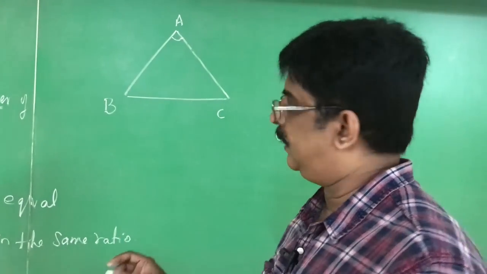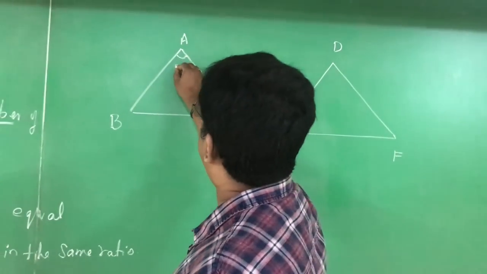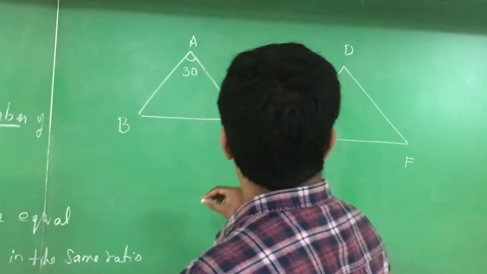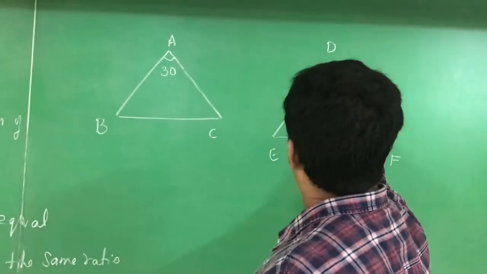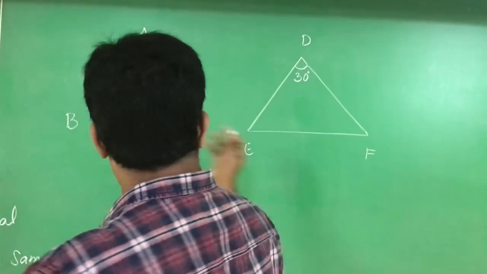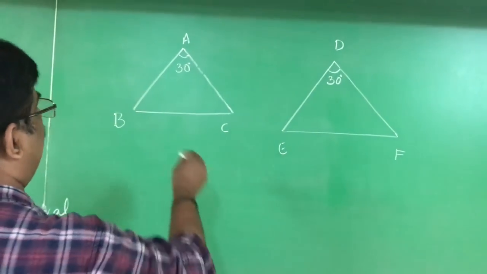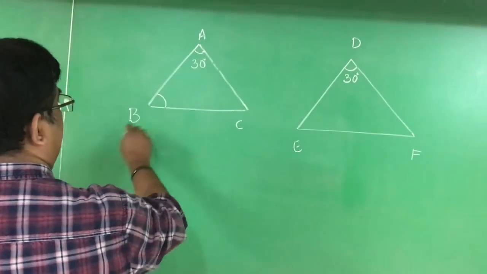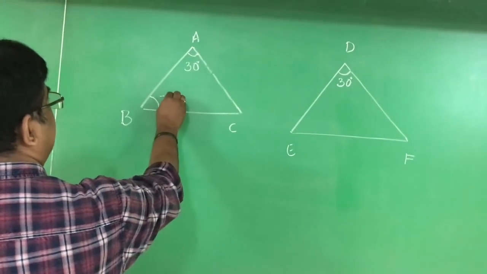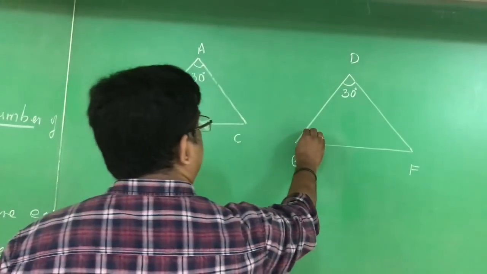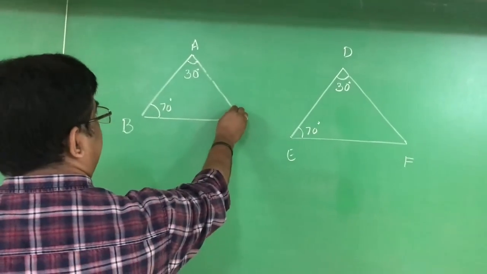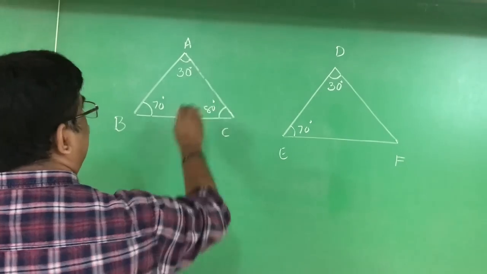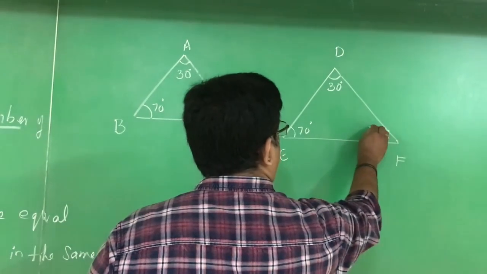Later on I don't write the numbers. This is 30 degrees. In this triangle, angle D is 30 degrees. Let us assume like that. And the angle B is equal to 70 degrees. Here angle E is equal to 70 degrees. Angle C is equal to 80 degrees. And angle F is equal to 80 degrees.